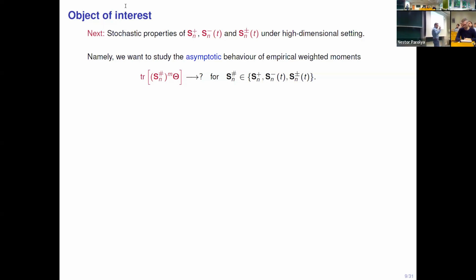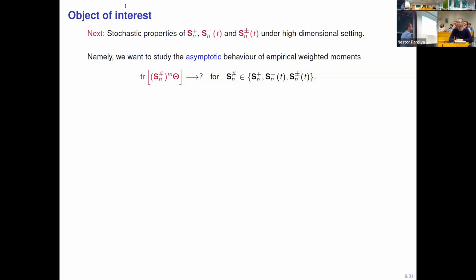So I'm looking at m moments multiplied by some matrix theta and taking a trace of it. So what is that actually? It's empirical weighted moments of the specific inverse, either Moore-Penrose, ridge, or the mutant. So let's see what that brings.